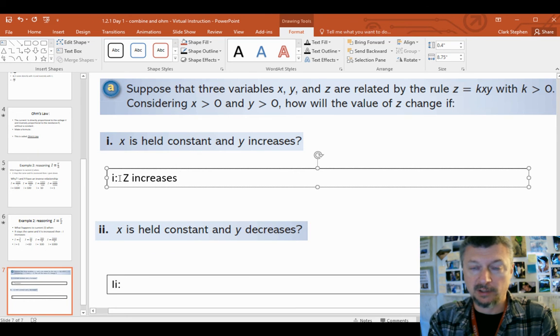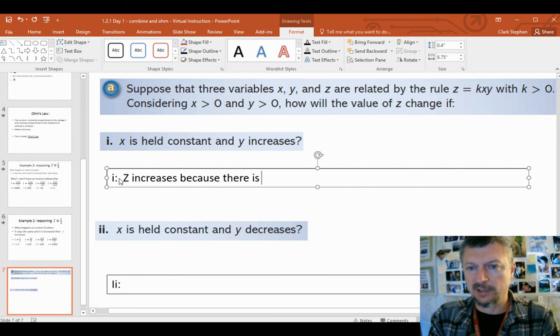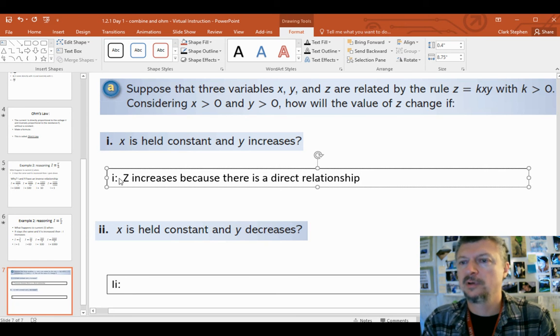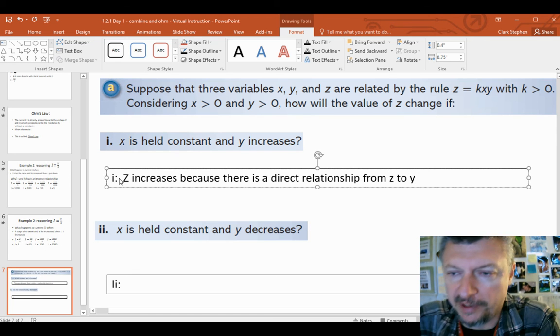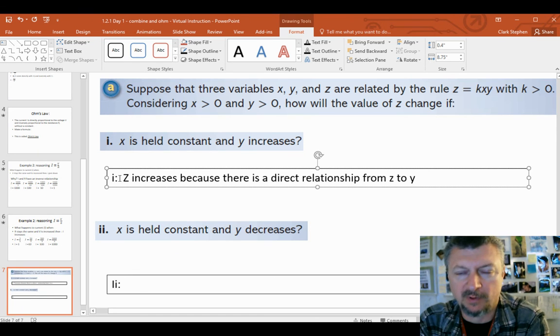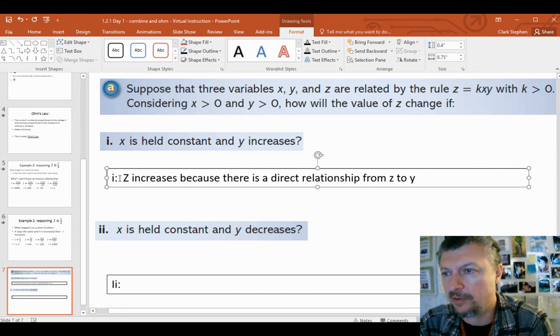And why? You have to write that on your homework because there is a direct relationship from Z to Y. That's one way you can write it. You can write it many different ways, but just so you say that that's a direct relationship. All right. So Y goes up, Z goes up.